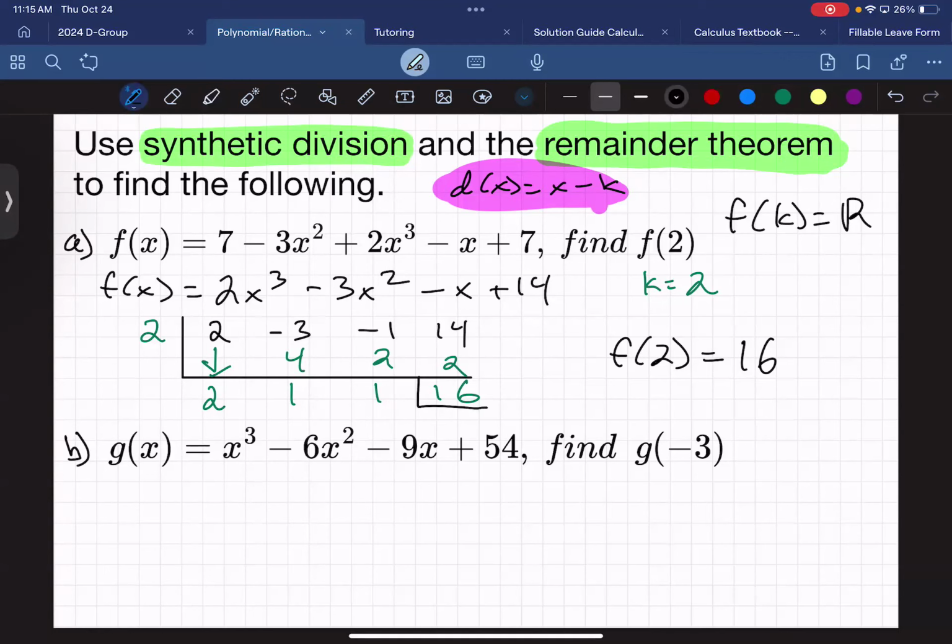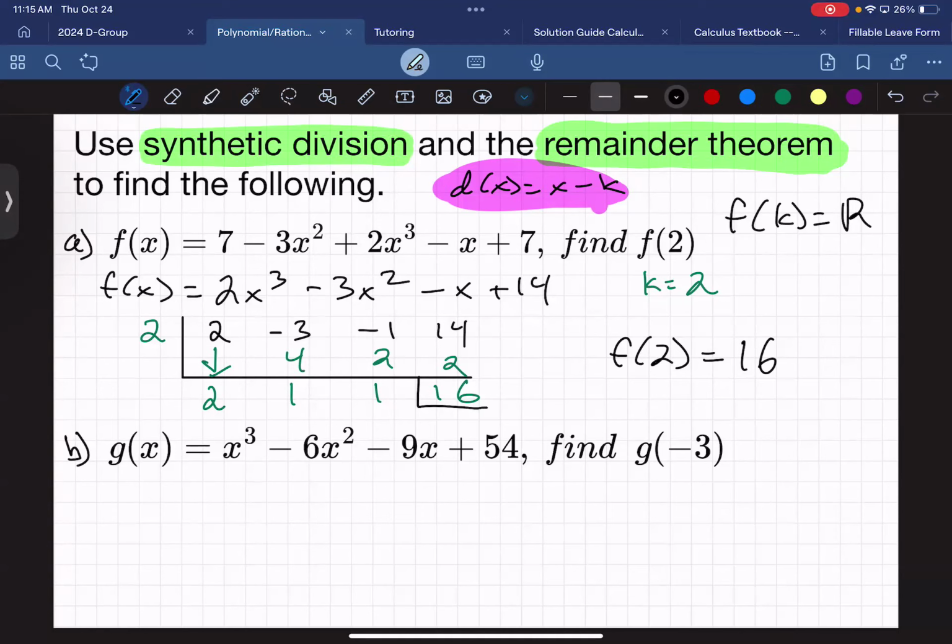What do you like about g of x, though? Already in descending order, right? Now, make sure to throw out some stuff right here. Could we factor that by grouping if we wanted to? Does 9 go into 54? How many times? 6 times, right? So we could factor this one, right? So we could do that to even confirm what's going on here, right?